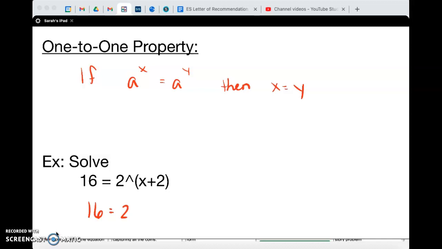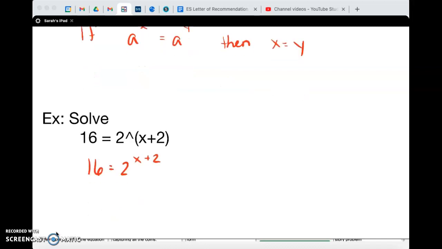So I have 16 equals 2 to the x plus 2 power. On the left side and the right side, I would like to have the same base. On the right side, I have a base of 2, so I would like to rewrite 16 with a base of 2. 2 to what power is 16? 4.